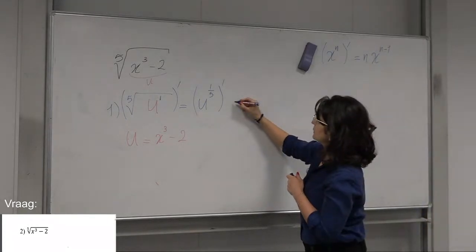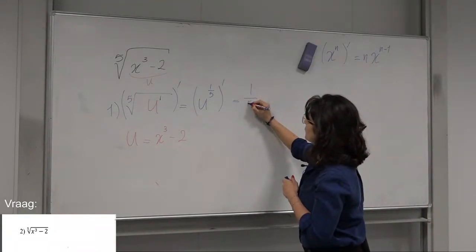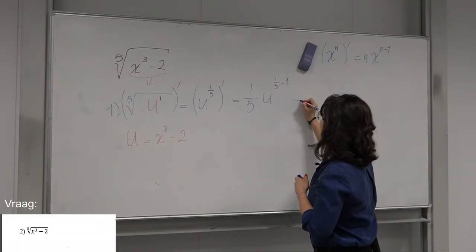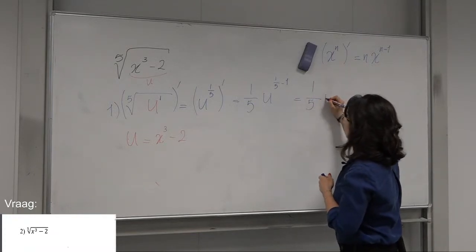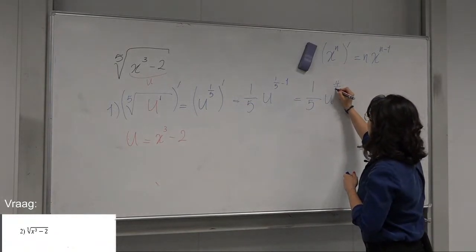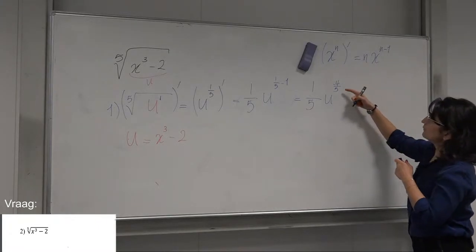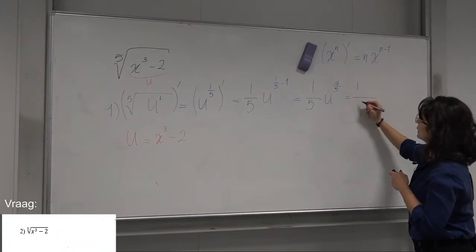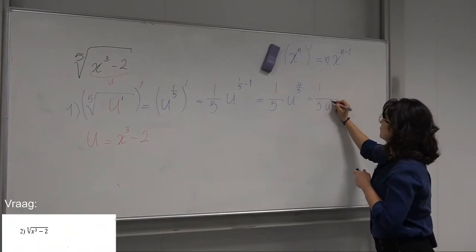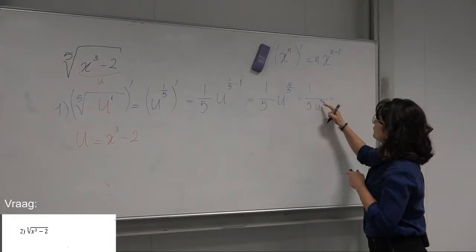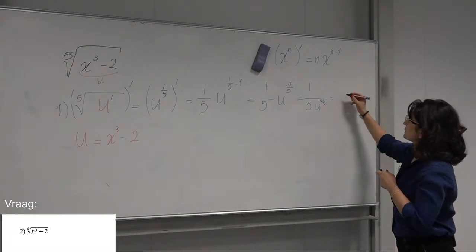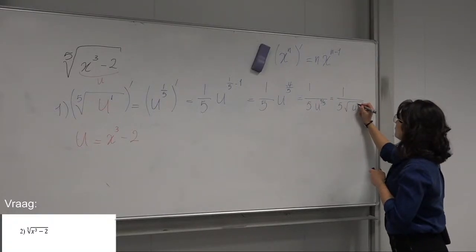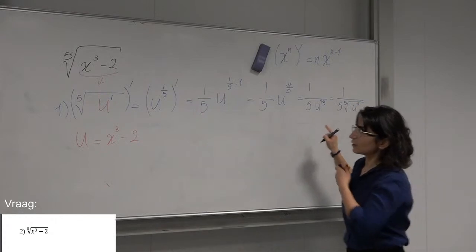So here it is 1/5 u to the 1/5 minus 1, which is 1/5 u to the minus 4 divided by 5. Since the exponent is negative, I need to bring it down to the denominator. So it is 1/5 u to the 4 divided by 5. And if I have a fraction in the power, it means that it's a root again. 5 u 4 5. For this part, it's almost the end.